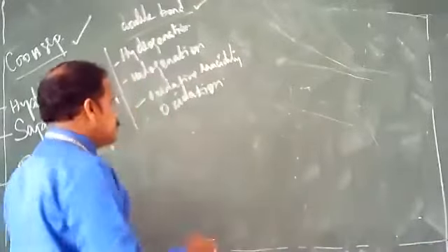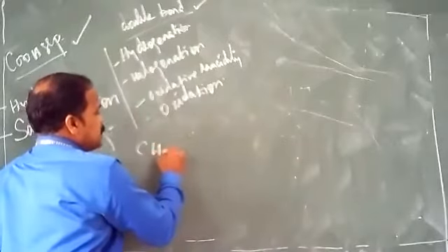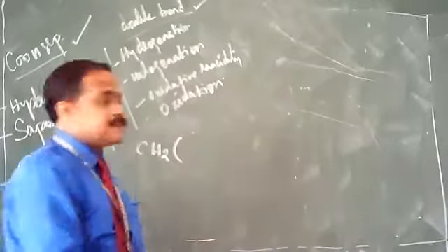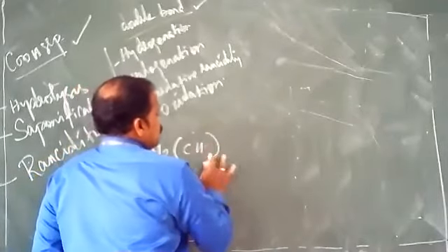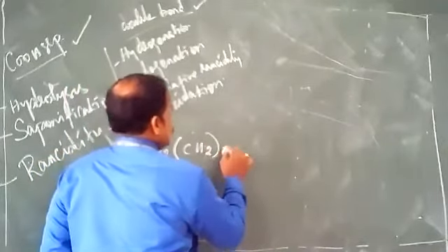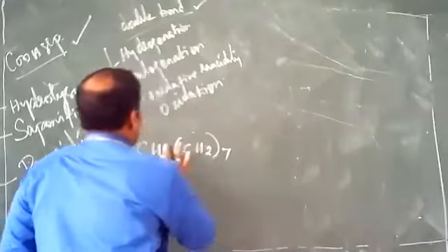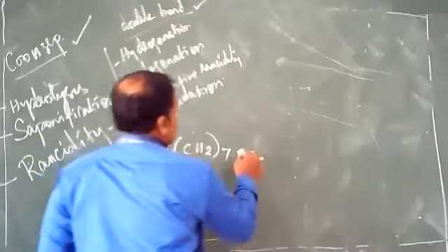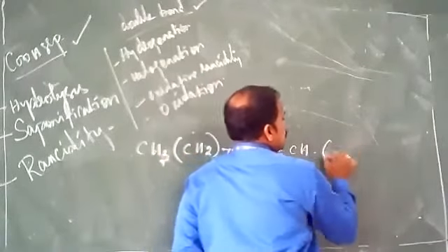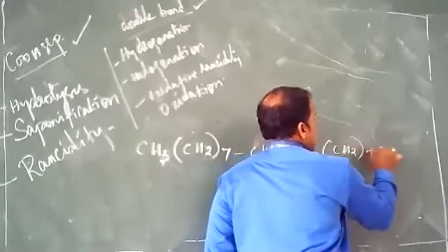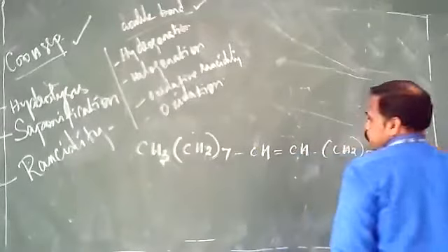Under that, first we can write oleic acid. I am writing the structure of oleic acid: CH3 CH2 CH double bond CH CH2 COOH.